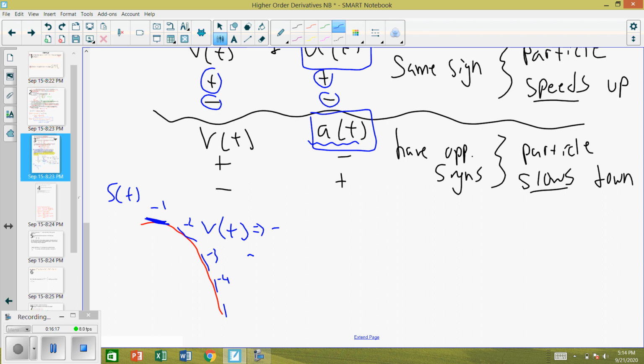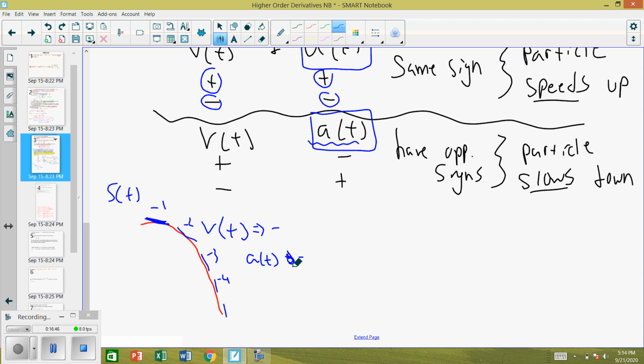In this case, A of t would be negative. Your acceleration is negative, because we're decreasing in value.